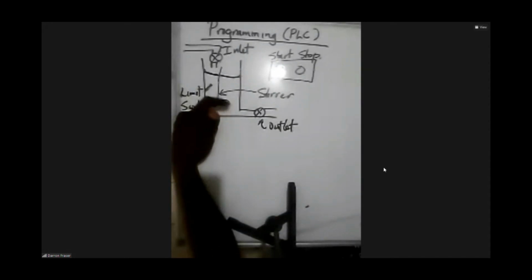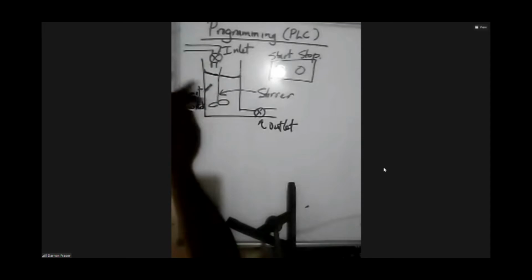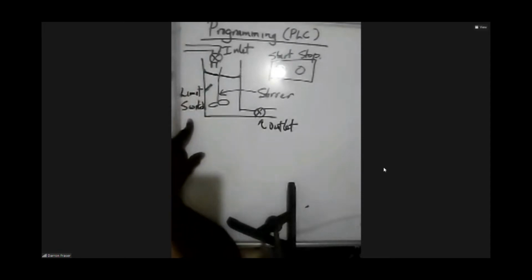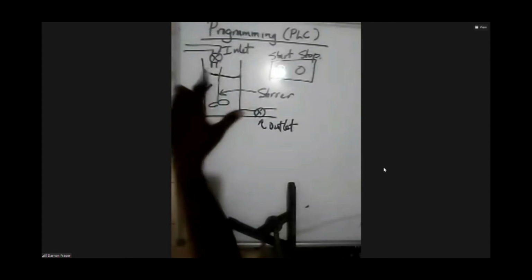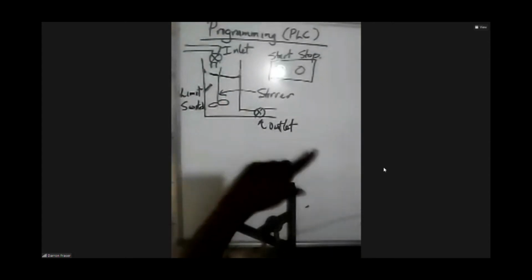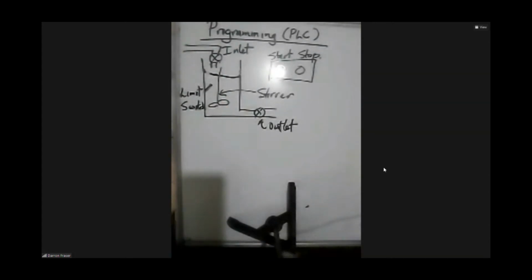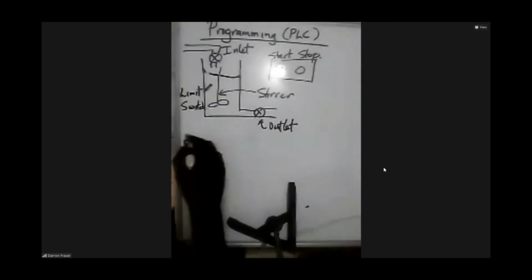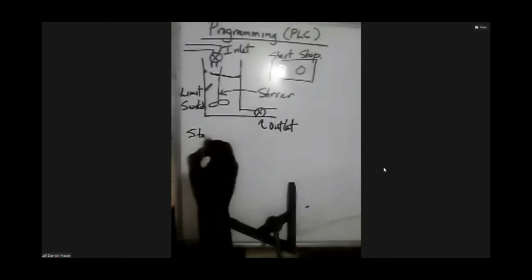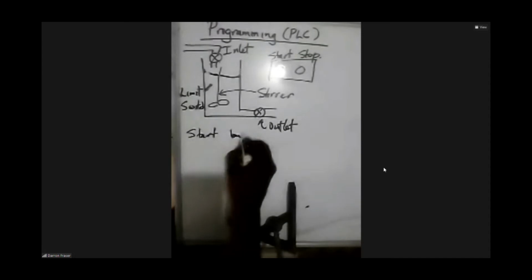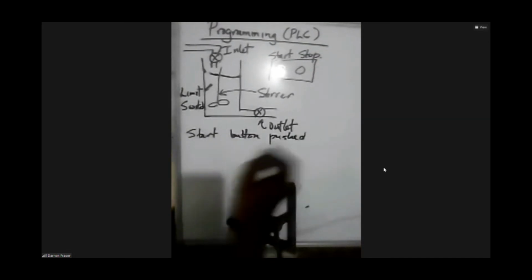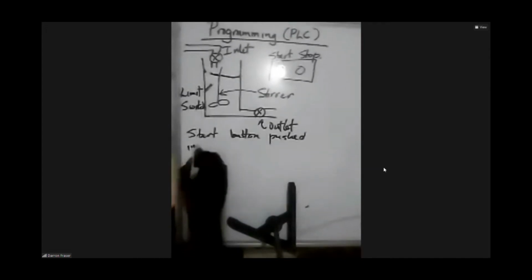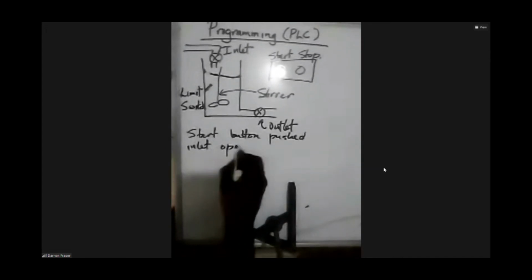So it's going to let in the fluid. When it reaches the level of the limit switch, which we indicate here, then it's going to turn on the stirrer for 10 seconds. So when you push the start button, the inlet opens.